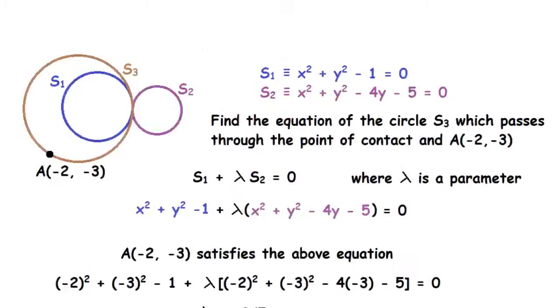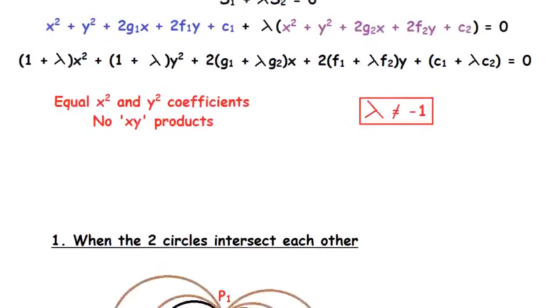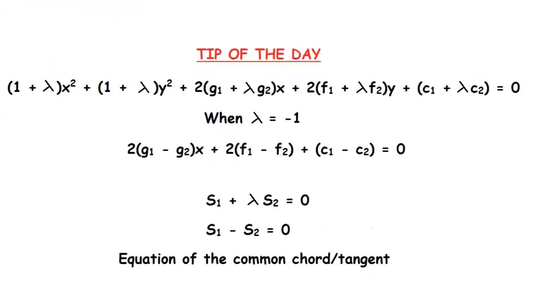Previously, I mentioned that lambda cannot be equal to minus 1. So let's see what happens when we substitute -1 into this equation. So that will be 2 into (g1 minus g2) into x plus 2 into (f1 minus f2) into y, plus c1 minus c2 equals 0. This equation is quite familiar. You have learnt about this in our previous video.